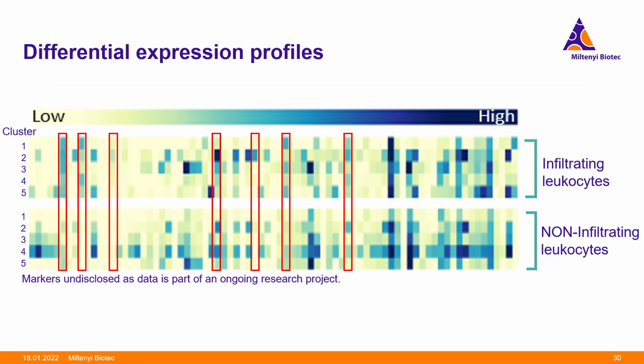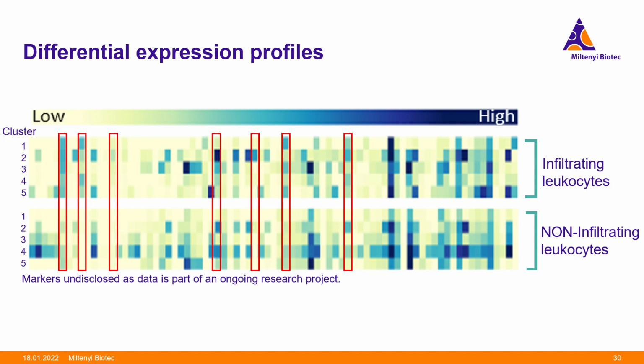After isolating each population of leukocytes, the expression profiles of all the markers were plotted in order to identify markers of interest that are differentially expressed in infiltrating and non-infiltrating leukocytes. If we look at the heat map here, we've got the two different populations, infiltrating leukocytes and non-infiltrating leukocytes. These were then clustered into 5 groups by k-means clustering.